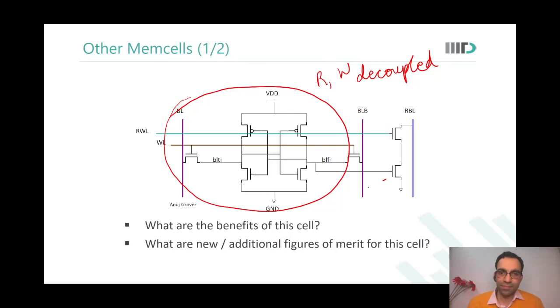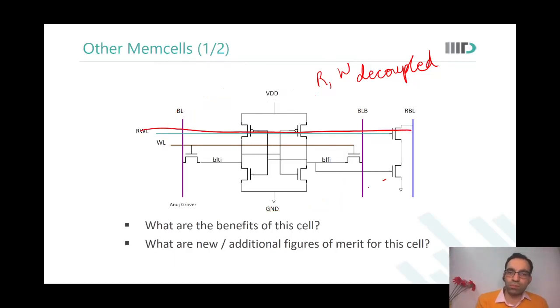But while reading, you will turn on the RWL? Yes, sir. When RWL goes on, what happens to VX? Is it changing? No, sir. No, no. So there's no additional noise that is injected onto the system there.